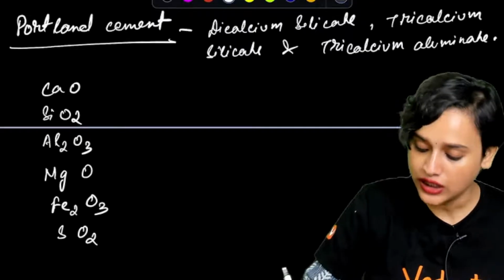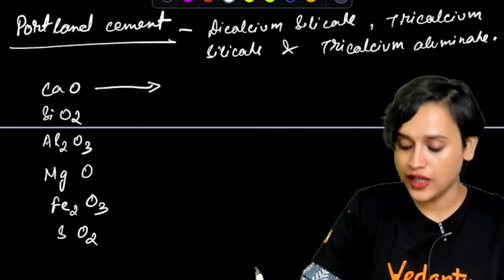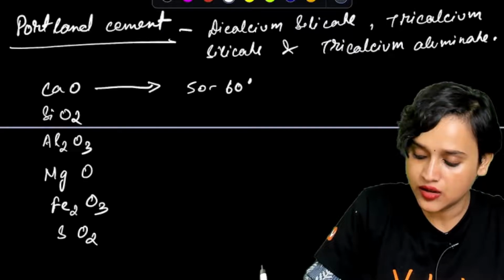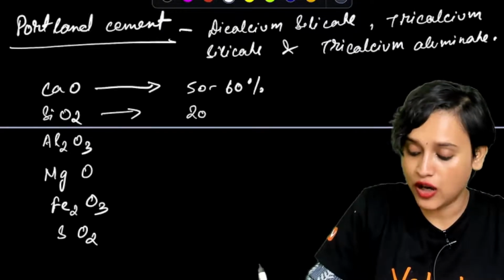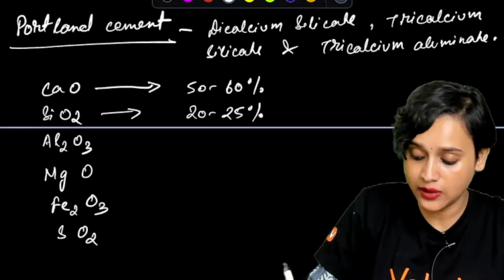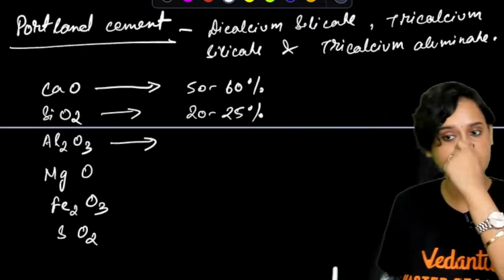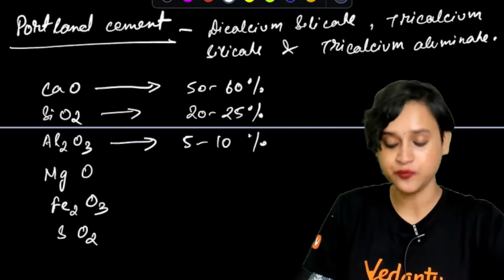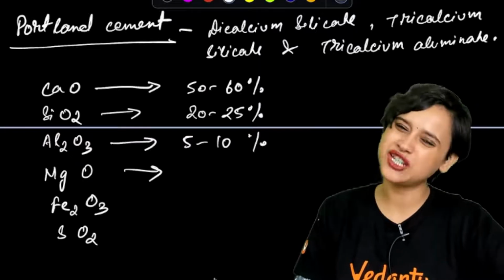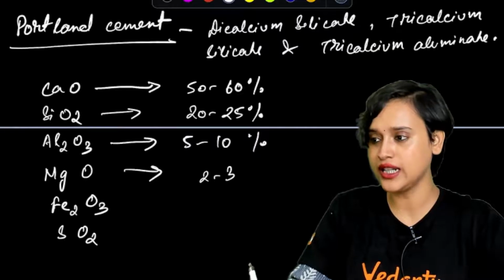Let's talk about that. CaO will be about 50 to 60%. SiO2 will be about 20 to 25%. Al2O3 will be about 5 to 10%. Then MgO will be about 2 to 3%.